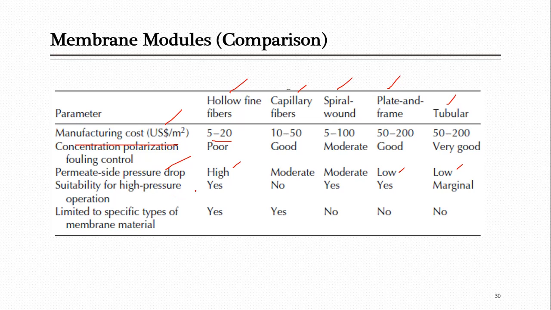More than one parameter is looked at, and then you decide which should be used. Like the last point, limited to specific types of membrane material. Hollow fiber and capillary are used for special types of material, but the others don't have this limitation. Any membrane material you can use to construct spiral wound, plate and frame and tubular, but hollow fiber and capillary are used for some specific materials.